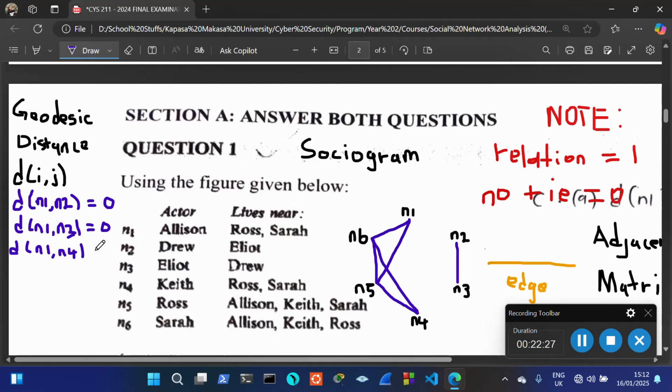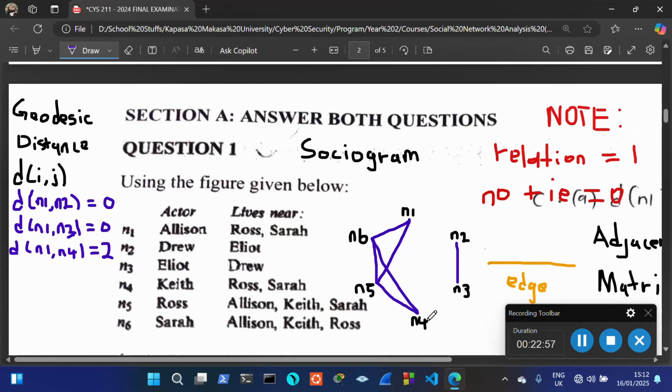N1 to reach N4 can take the route 1, 2, 3. But is it the shortest one? No, because we have this route again, which is 1, 2. So the geodesic distance is 2, because that's the shortest route N1 can take to reach N4. We cannot take the route 1, 2, 3, but this one, 1, 2.